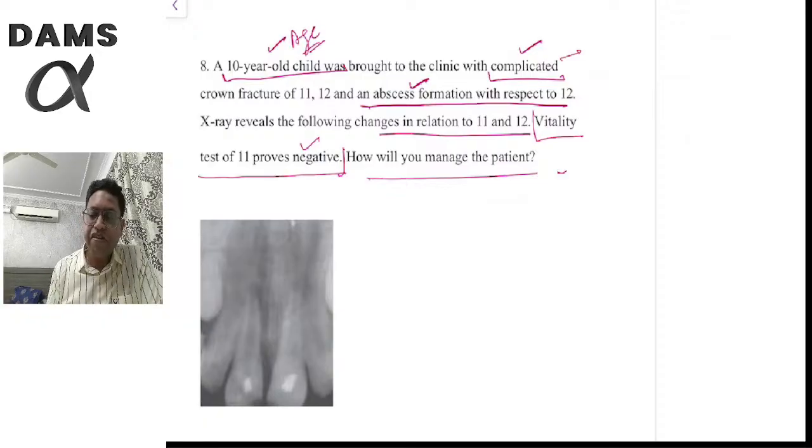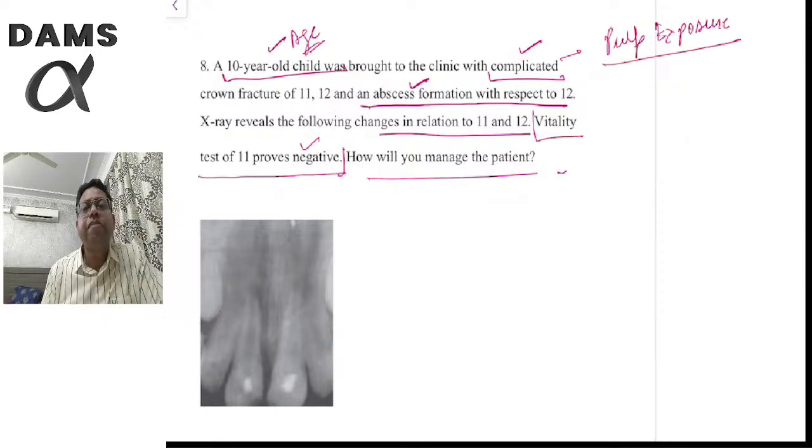Complicated crown fracture means there is pulp exposure. Crown fracture can be non-complicated and complicated. Complicated means there is exposure of enamel, dentine with pulp being exposed to the oral cavity. Simply enamel and dentine, it is non-complicated crown fracture. So pulp is exposed in both the central incisors. There's an abscess formation with left central incisor.